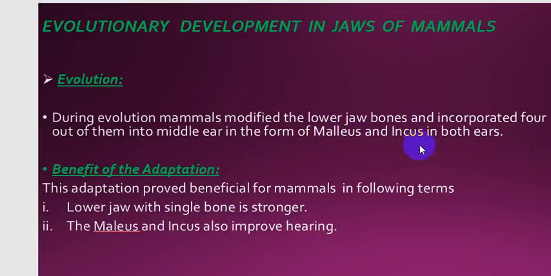It gives strength and fixation, a posture. And number two, the ossicles, the internal bones of the ear, malleus and incus, were formed due to the evolution from the lower jaw.